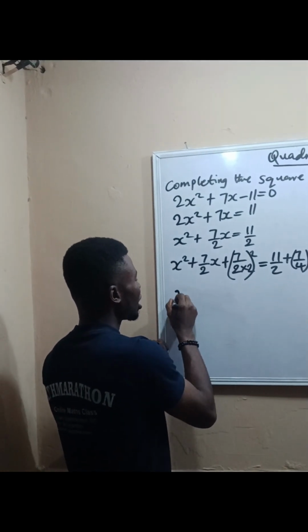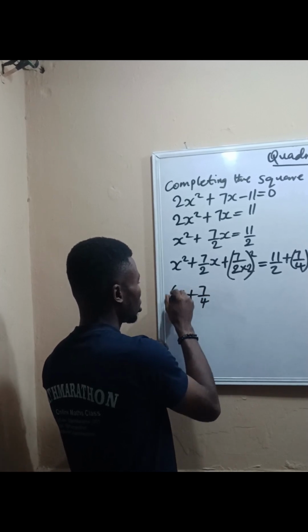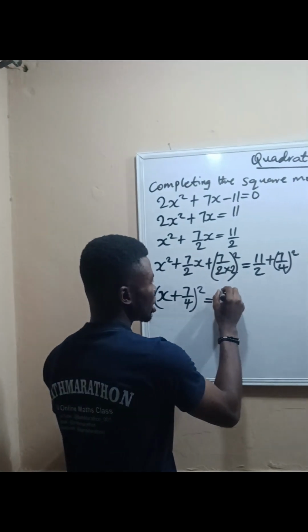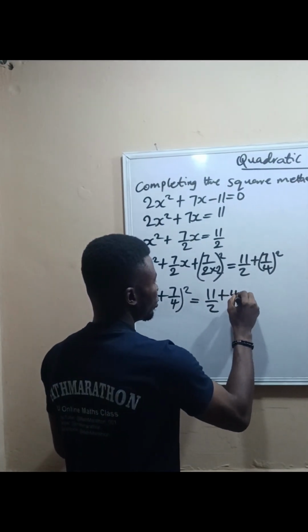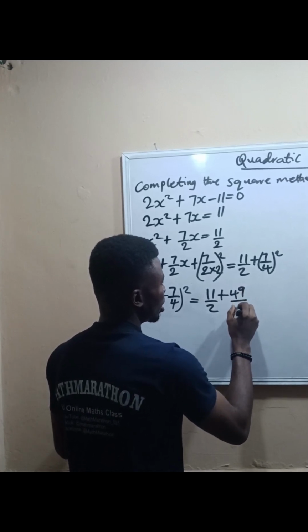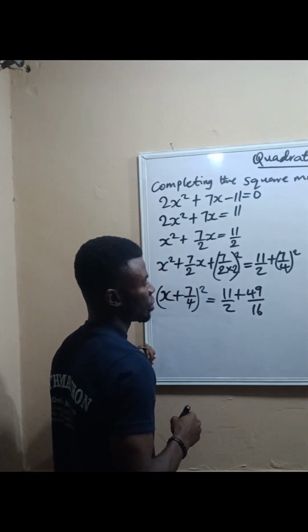Now the next thing to do is to factorize this side. And when we do that, we have x plus 7 over 4 all squared is equal to 11 over 2 plus 49 over 16, right?